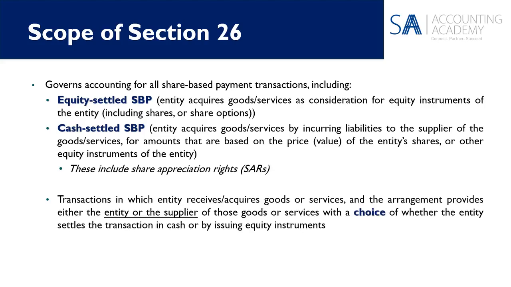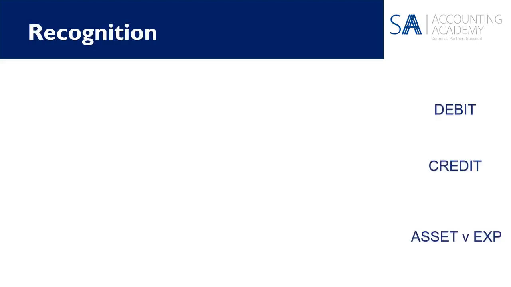Now, transactions in which an entity receives or acquires goods or services, and the arrangement provides either the entity or the supplier of the goods or services with a choice of whether the entity settles the transaction in cash or by issuing equity instruments, will also fall within the scope of section 26. So we'll have a look at the accounting for all of these types of transactions.